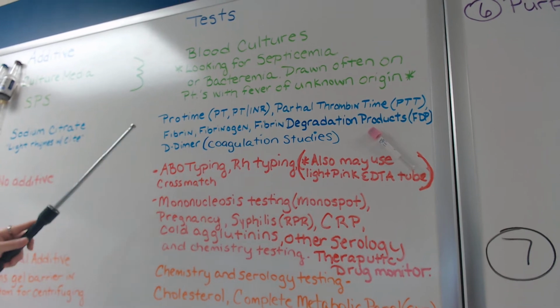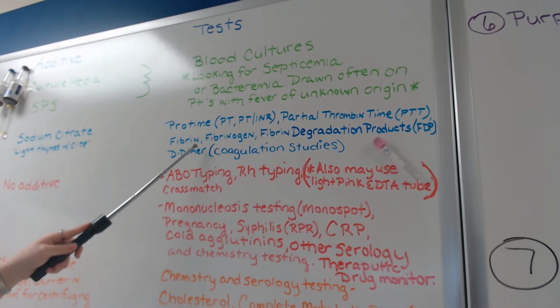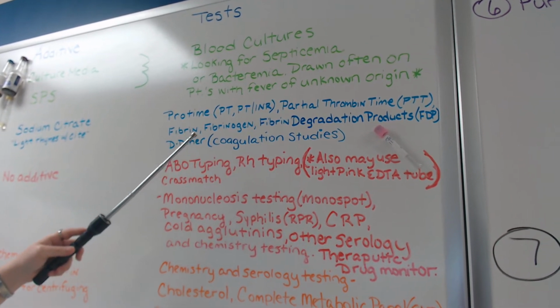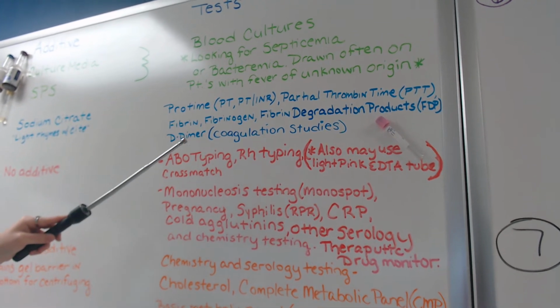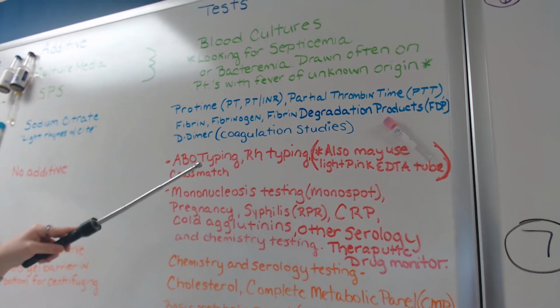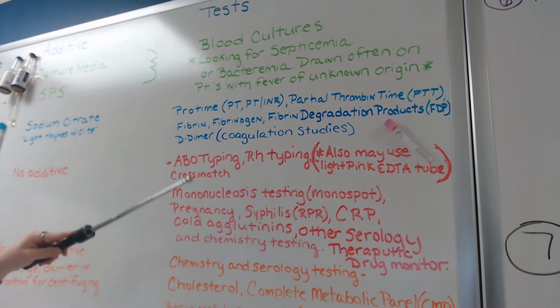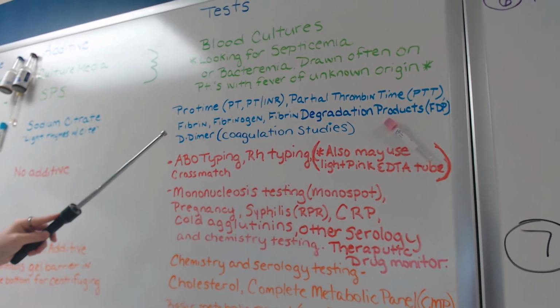The way I remember this one is that if it ends in the word time, or if it looks like fiber, like a piece of cloth or clothing, it goes into the light blue tube. Those tests are looking at how thick or thin the blood is and how fast our blood clots. So those are all parts of our clotting system.